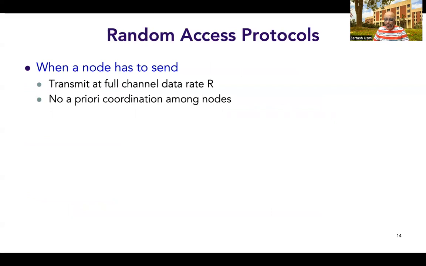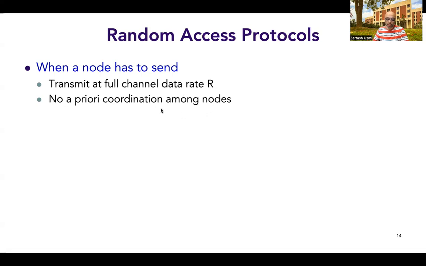So in the case of random access protocols, whenever a node or a station or a host has something to send, you transmit at the full channel rate. If there is a 100 megabit per second channel available to you, you just transmit at that. You know that it is shared with the others as well, but whenever you have data to send, you just transmit.